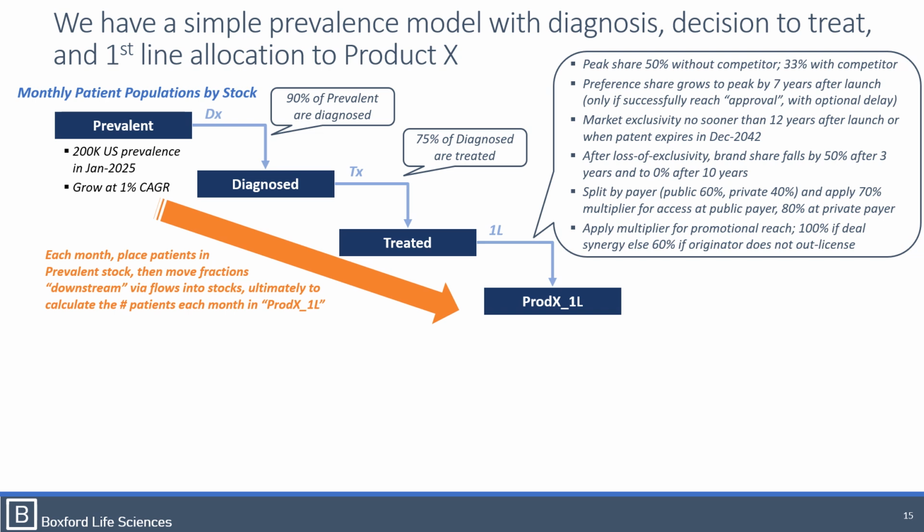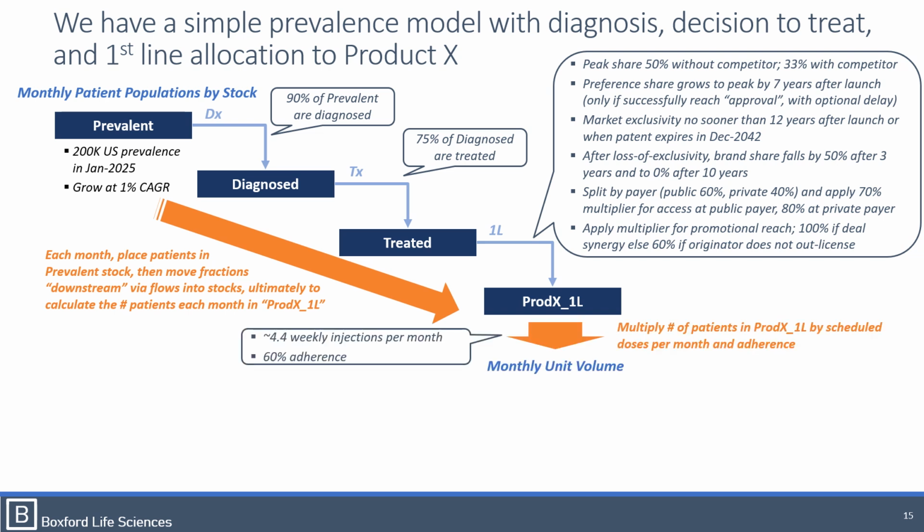We also then layer on access assumptions by payer for public payer and private payer, and then add a multiplier for promotional reach, which acts like access as a haircut on preference share based on the amount of marketing and sales support. We're going to set that to 100% for our base case, but then in this alternative go-to-market scenario, we're going to reduce it to 60% if the originator does not out-license.